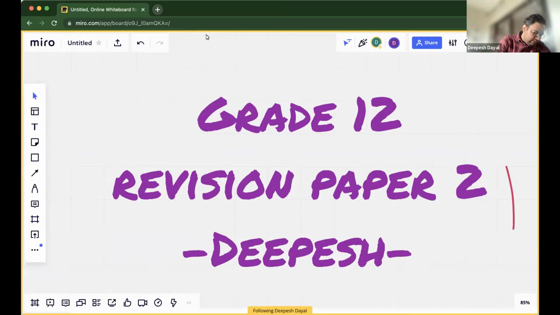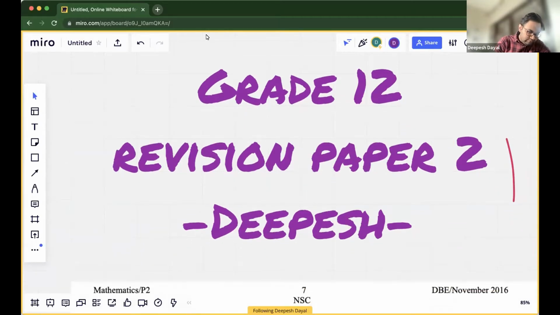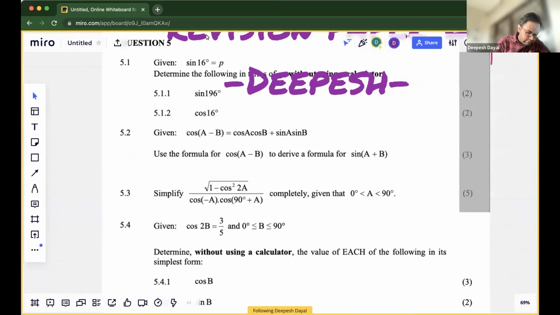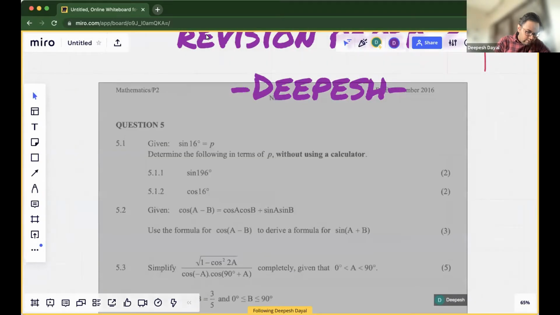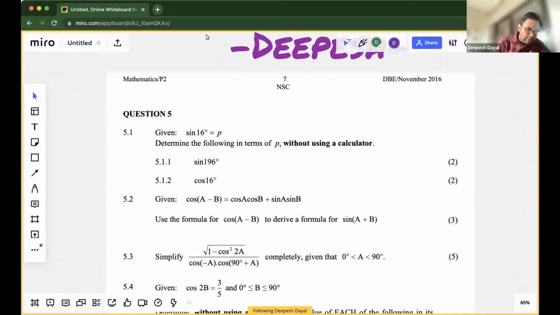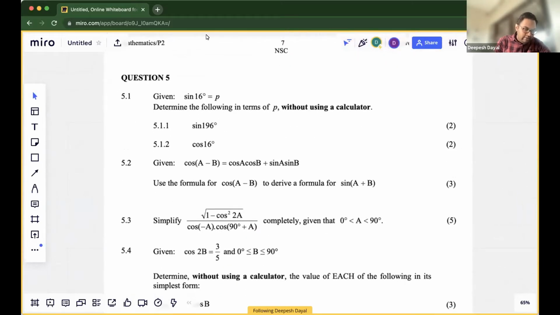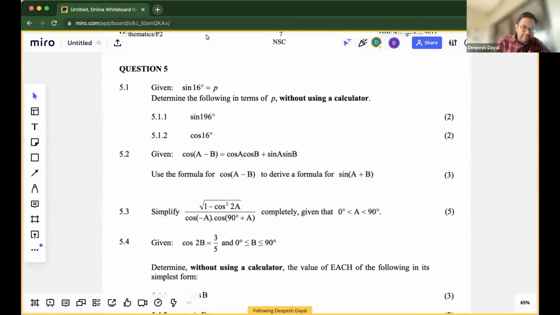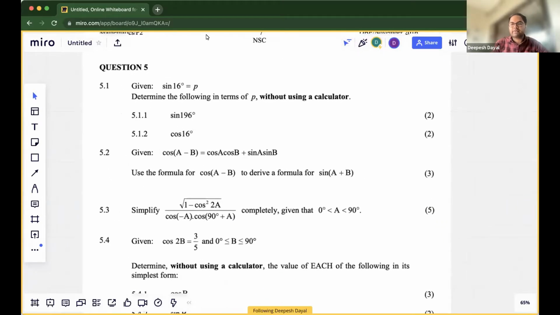There we go. This is from the 2016 November paper, and some questions are quite different to the ones we've done. It says here, given that sine 16 equals p, determine the following in terms of p without using a calculator.